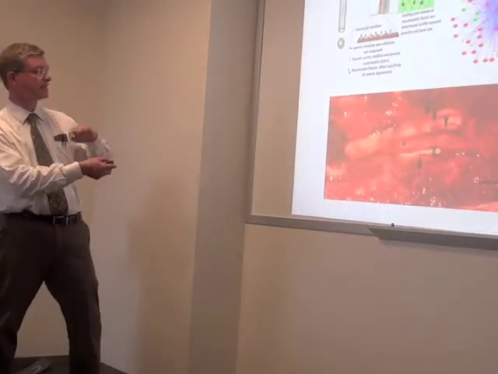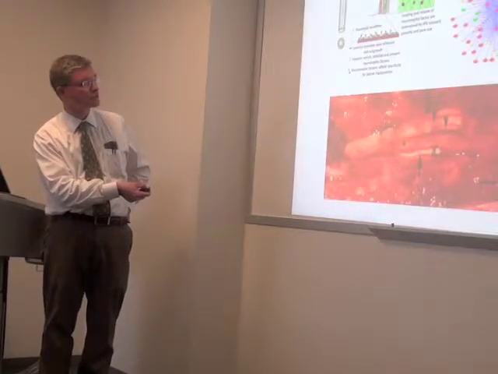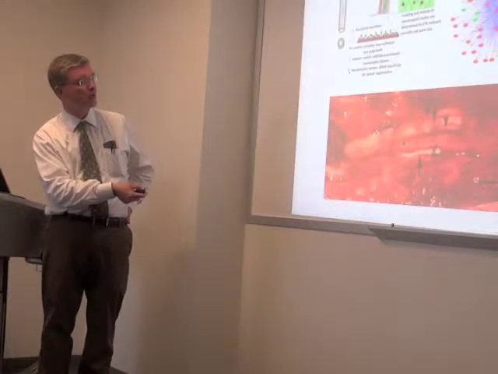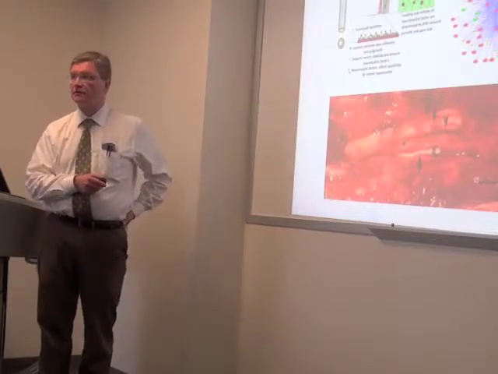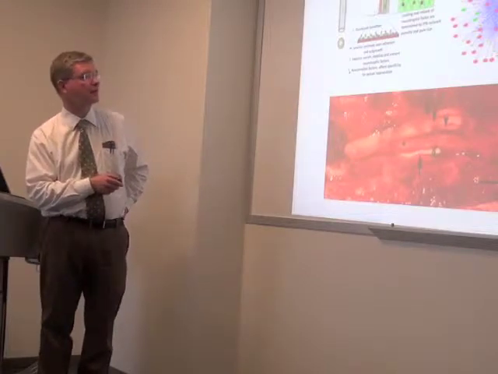We have a data slide showing that we can get axons to grow into these tissue tubes and be attracted into these tubes when we put into the tube a growth factor called GDNF, or glial-derived neurotrophic factor.